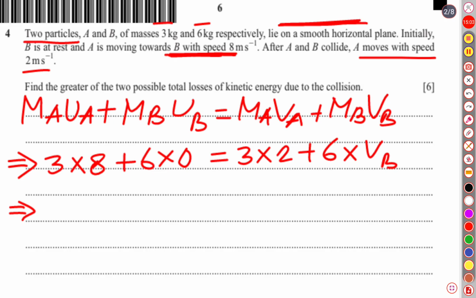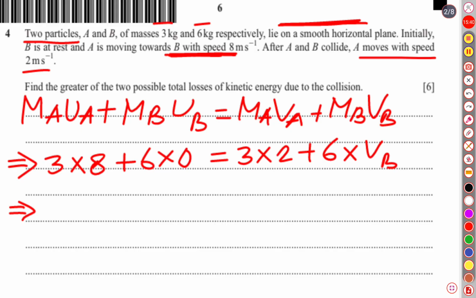As the plane is smooth, the speed, velocity and acceleration of particle A must remain the same from when it was projected till it collides, because there is no frictional force acting on it, no resistance to motion. In short, the particles are lying on a smooth plane, so the initial velocity and the velocity just before collision are the same.